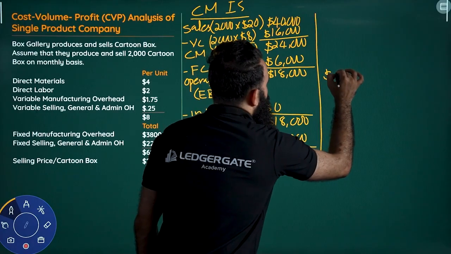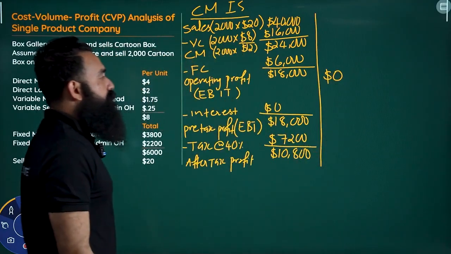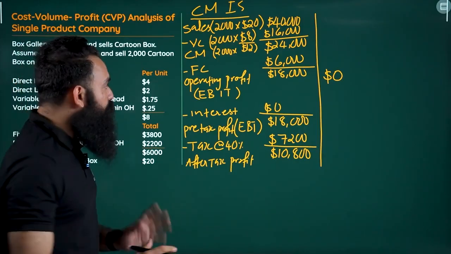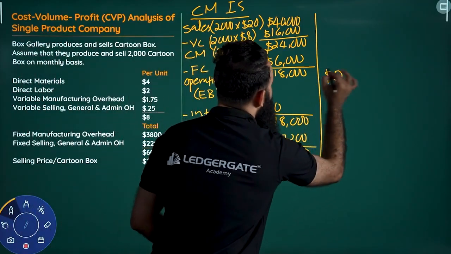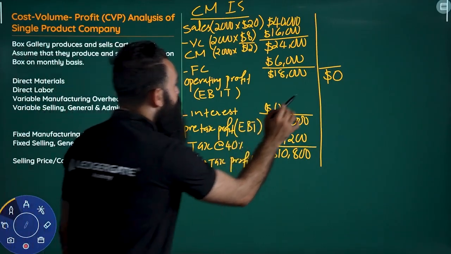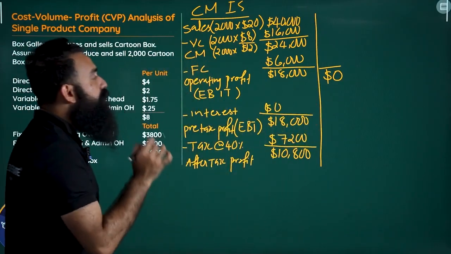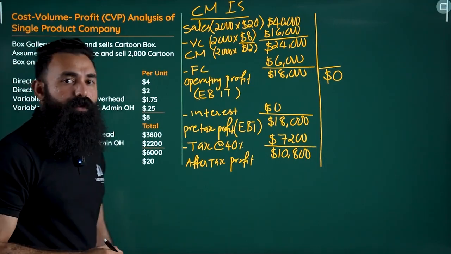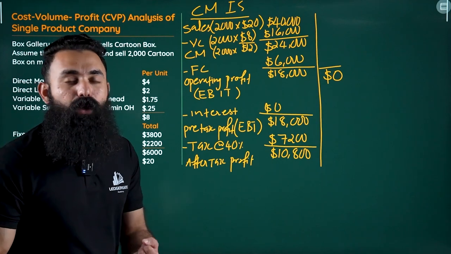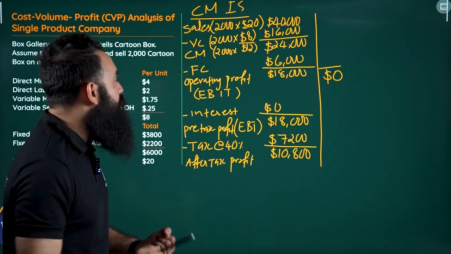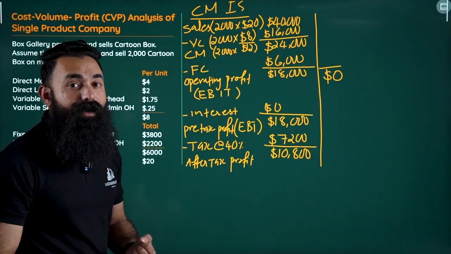So this is 0. Now we are at break even. In order for pre-tax profit to be 0, how many units must be sold and how much dollar amount of sales must be made? This is what we are going to discuss about break-even point.